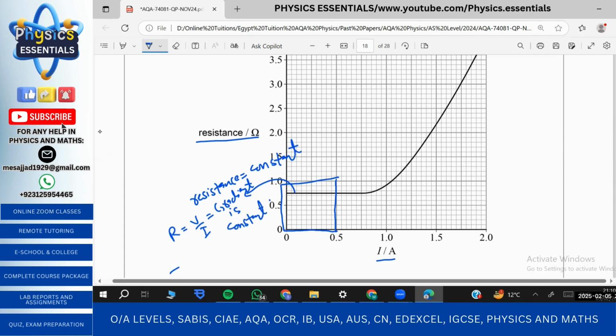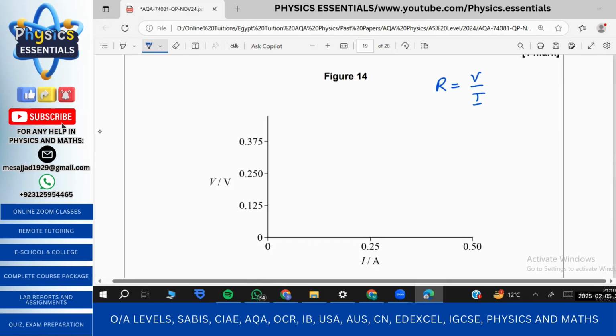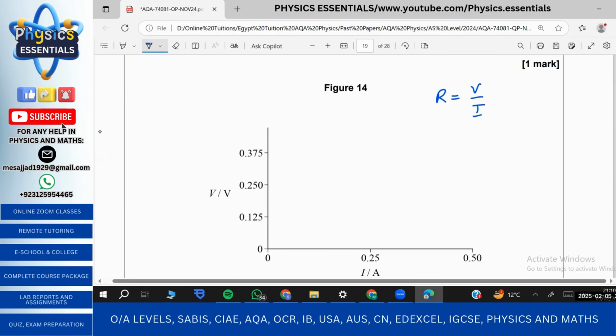And when the gradient is constant, what kind of graph do we have? A straight line graph. So we have to draw a straight line graph of V and I all the way from 0 to 0.5, because it is given, and from 0 to 0.375. So you will just go up till here, and from here, this is the point, and you will just do like this.